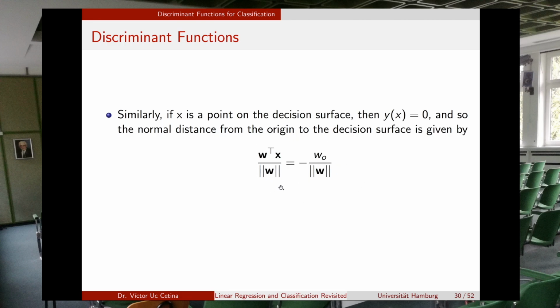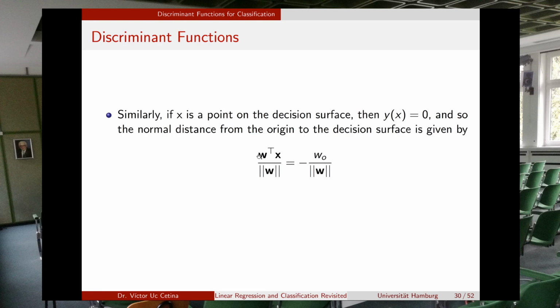And what is this expression? If you compute w over the magnitude of w, what you are generating is a vector whose size is 1. The magnitude of this resulting vector will be 1, and it is pointing in the direction of w. So we are creating a unitary vector by dividing w over the norm of w.